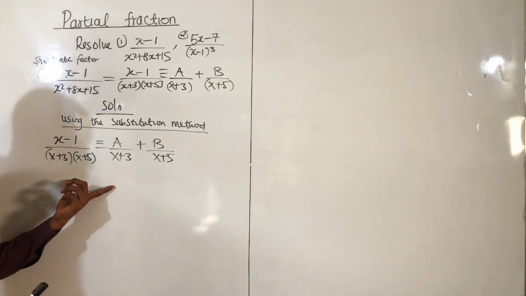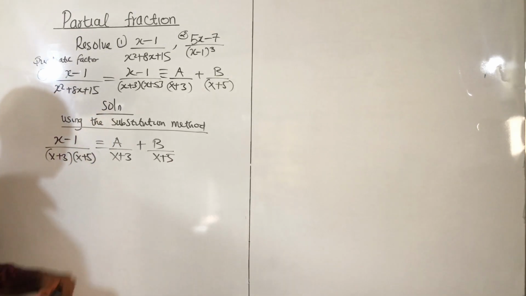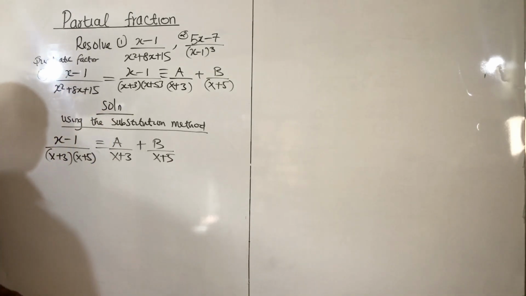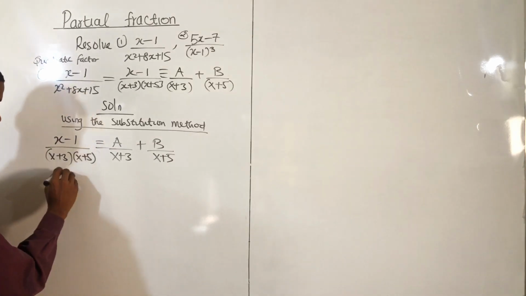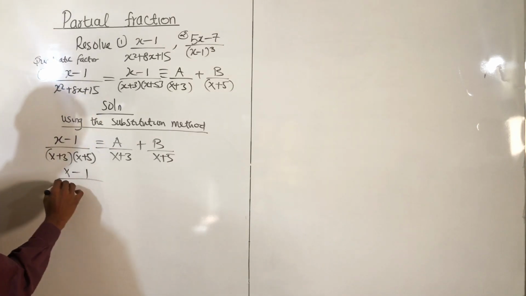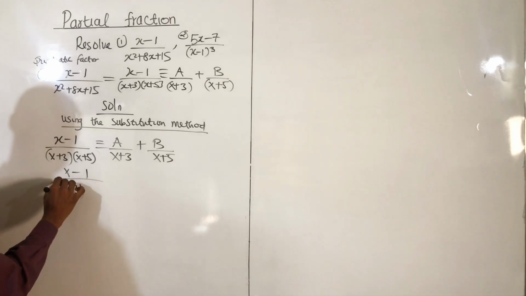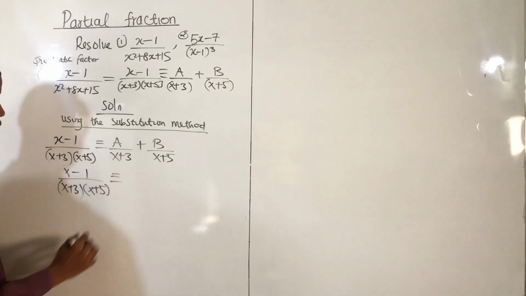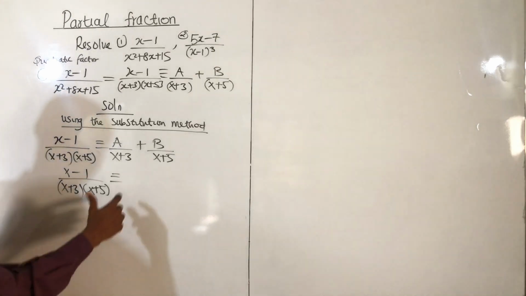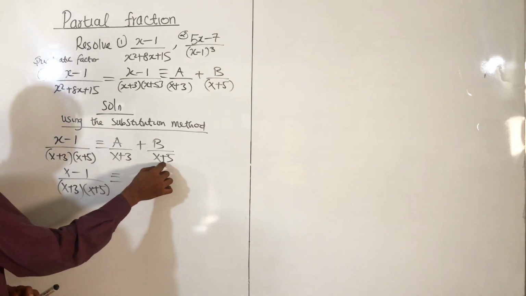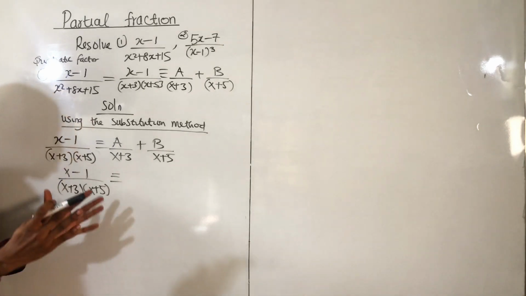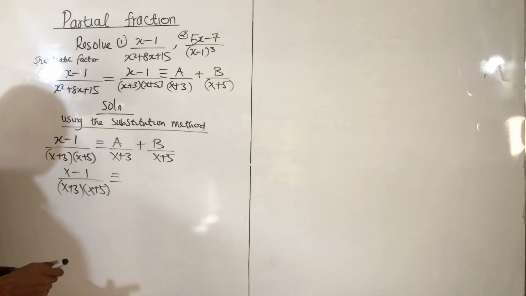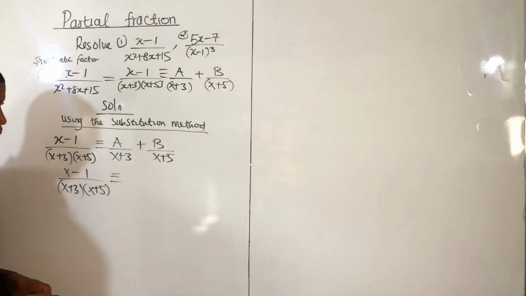The next step is to take the LCM. The LCM between (x plus 3) and (x plus 5) is joining them together.